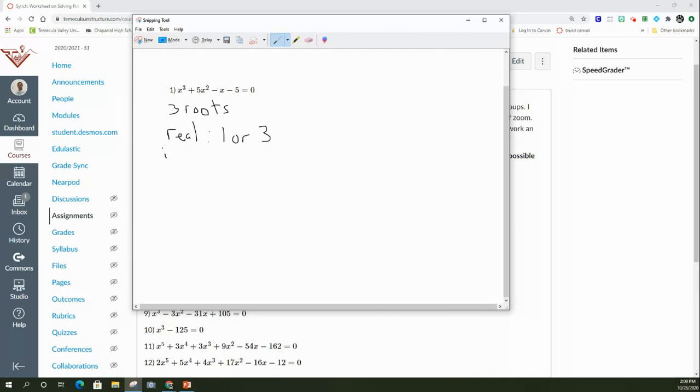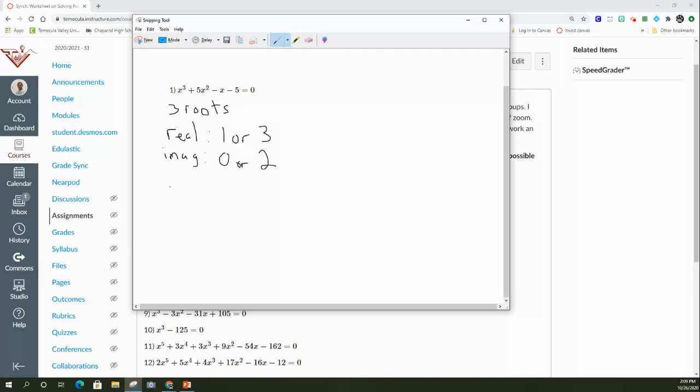So for the imaginary, it's going to be either 0 or 2. All right, if there's 0 imaginary, then there's 3 reals. If there's 2 imaginary, then there's 1 real. Okay, and the reals could be rational or irrational. All right, so that's going to answer those questions.